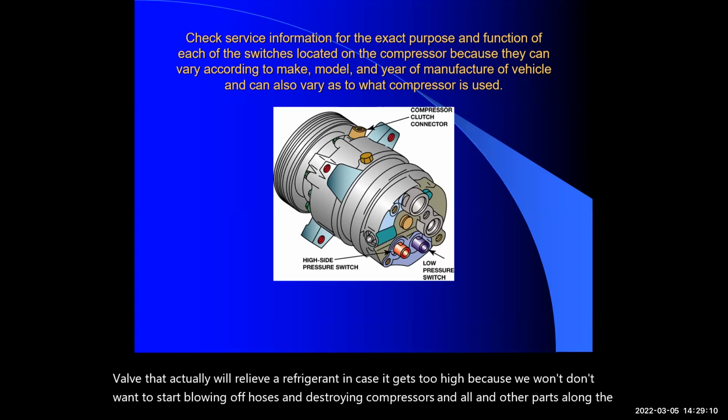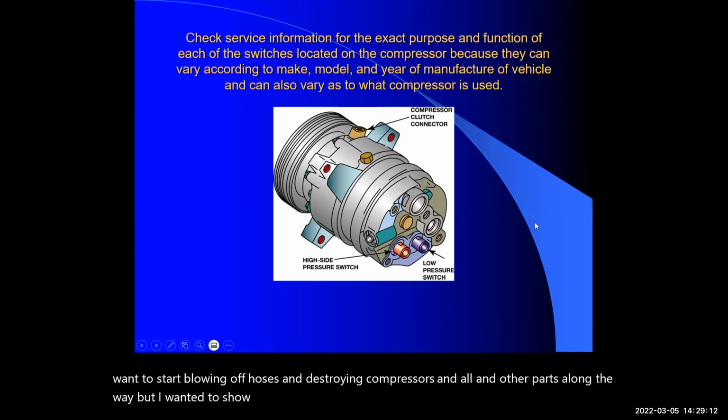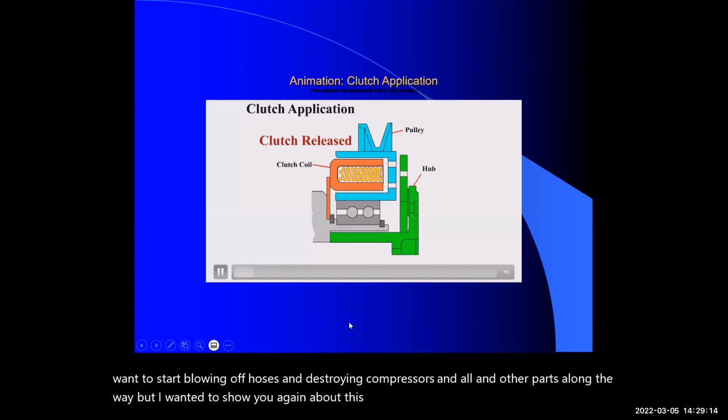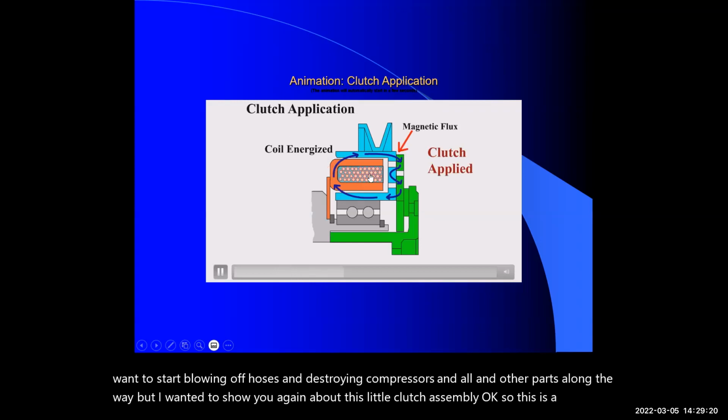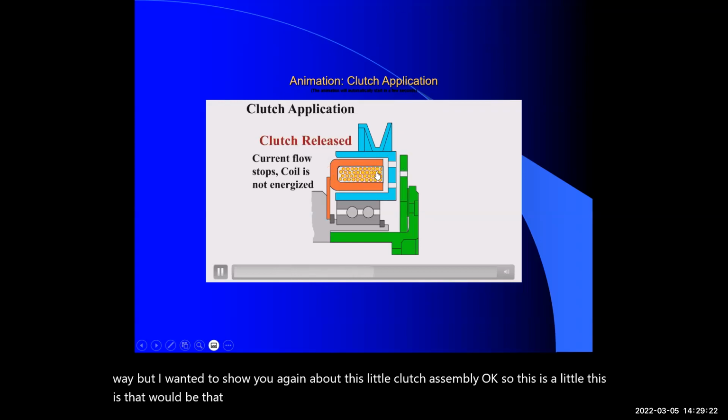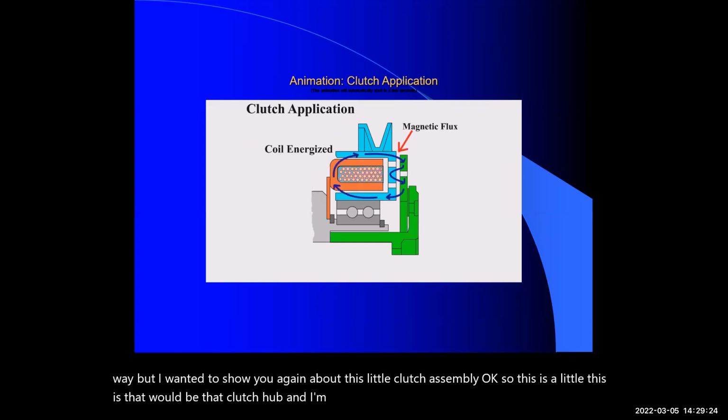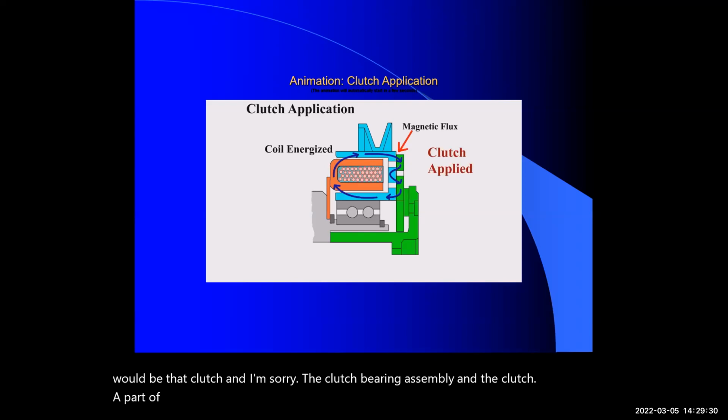But I wanted to show you again about this little clutch assembly. Okay, so this would be that clutch hub. I'm sorry, the clutch bearing assembly and the clutch part of the magnetic coil.